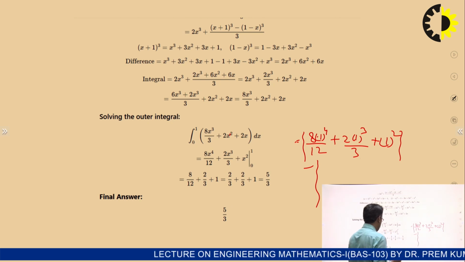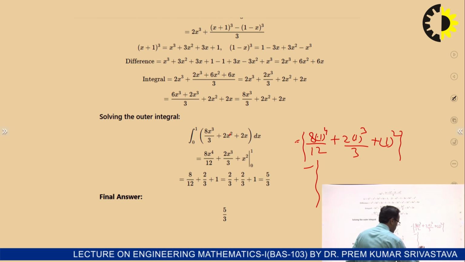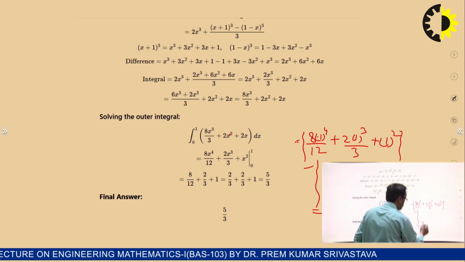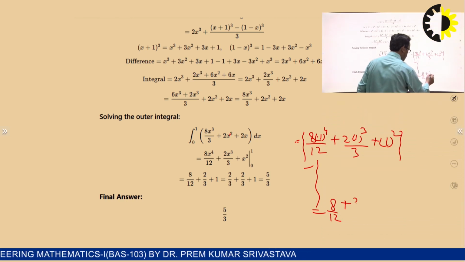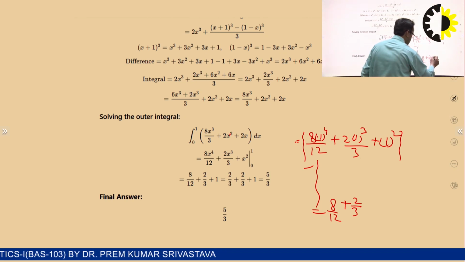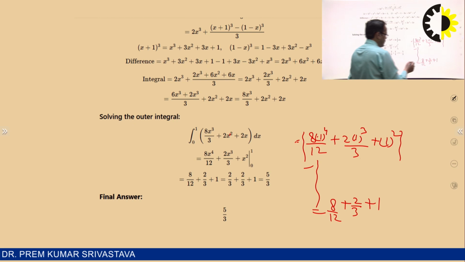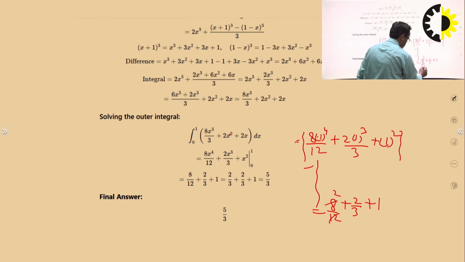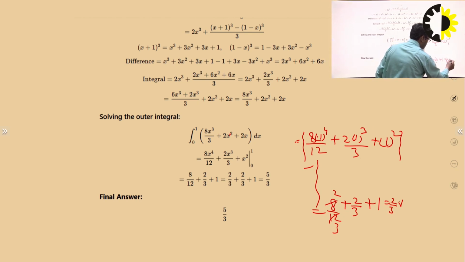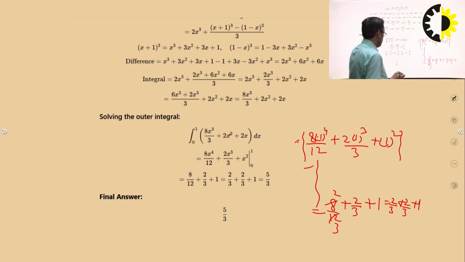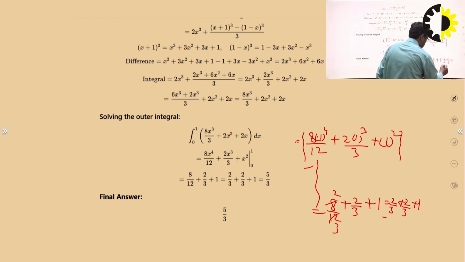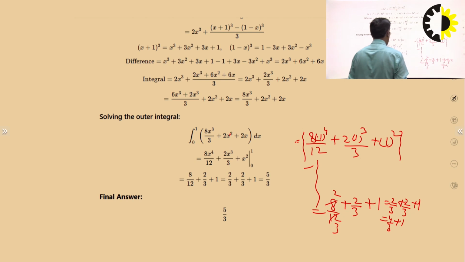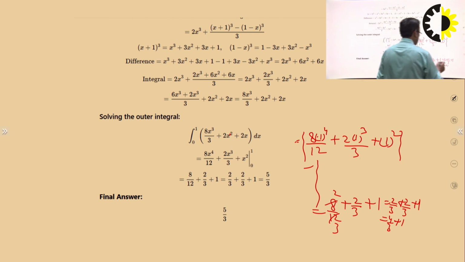So finally 8 by 12 plus 2 by 3 plus 2 by 3 plus 1. 4 twos are 8, 4 threes are 12, and 2 by 3 plus 2 by 3 equals 4 by 3, plus 1.